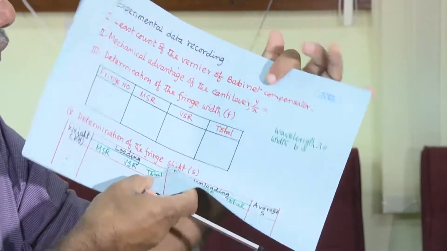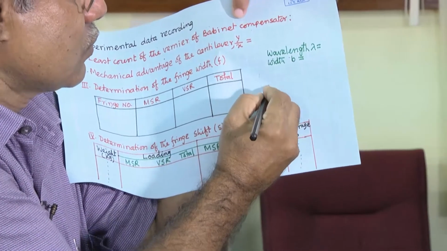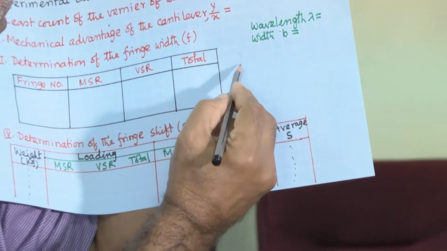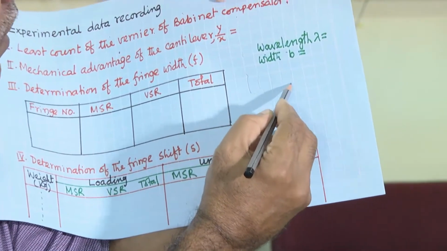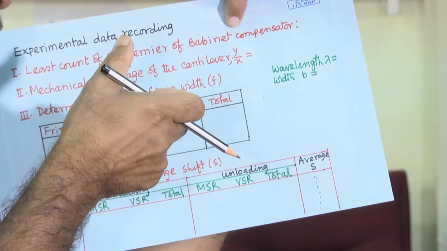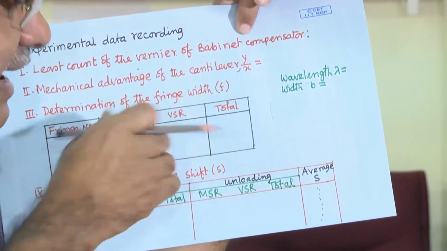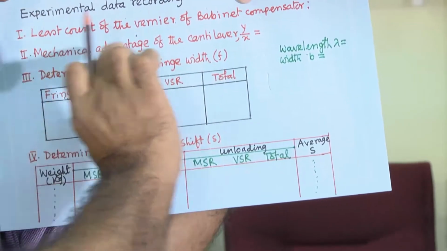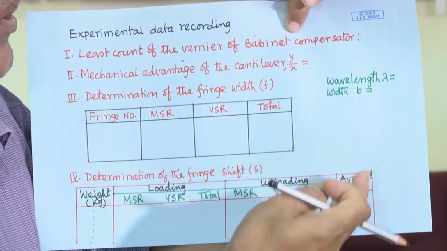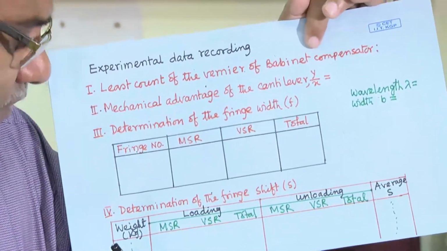This is number 1, this 2, this 3, this 4, this 5. So, 4 fringes. Take the average of these differences and divide by 4, and that will be the fringe width. So, that one can calculate.